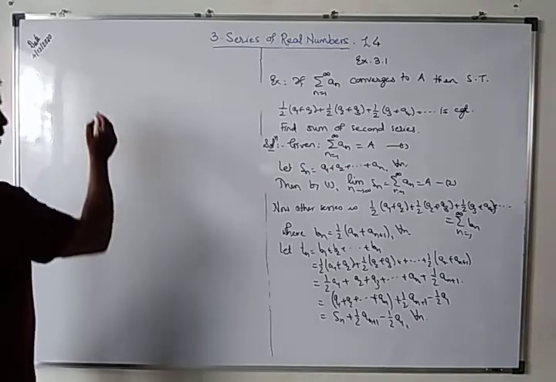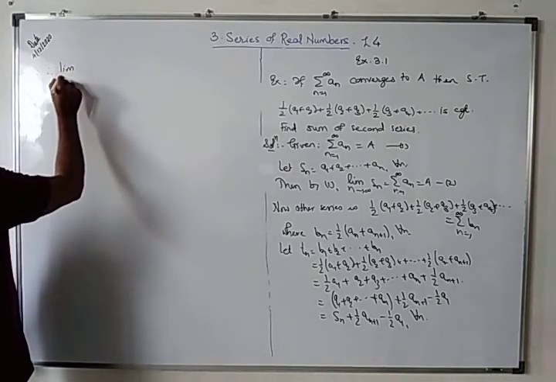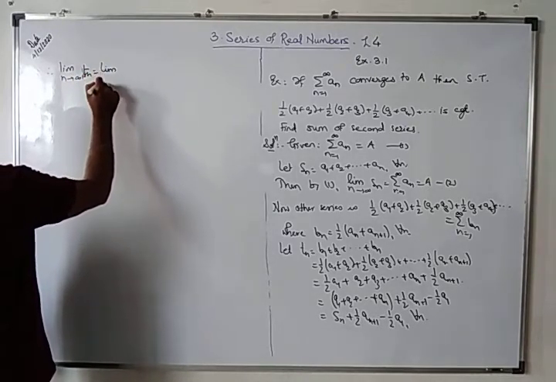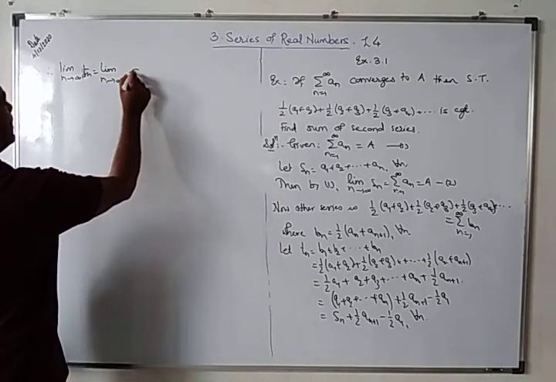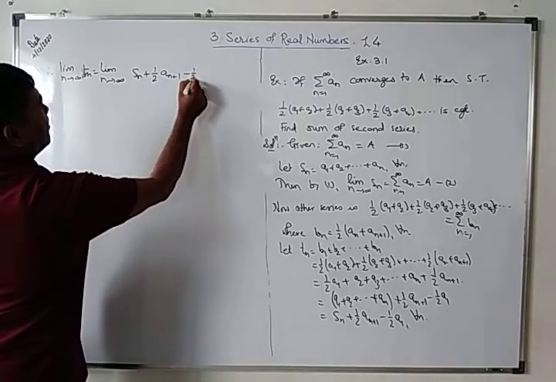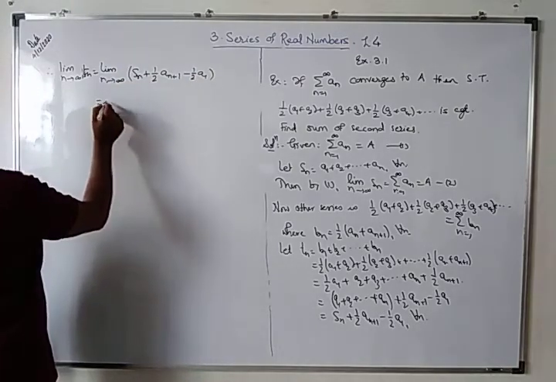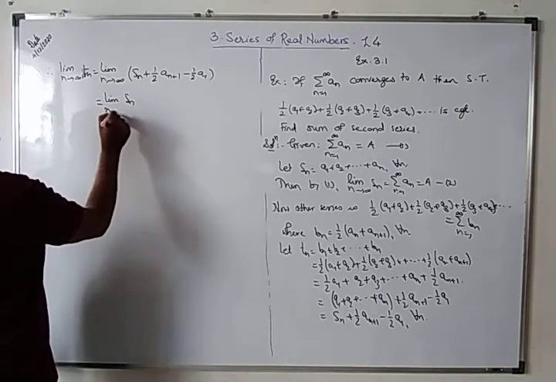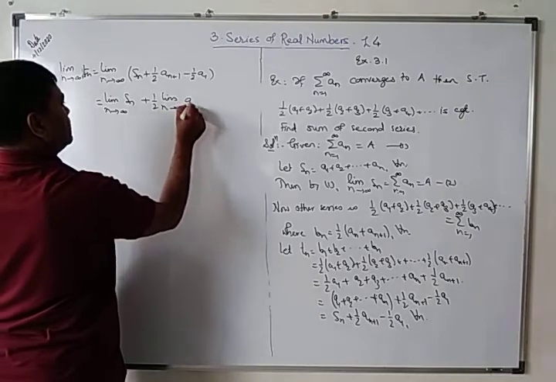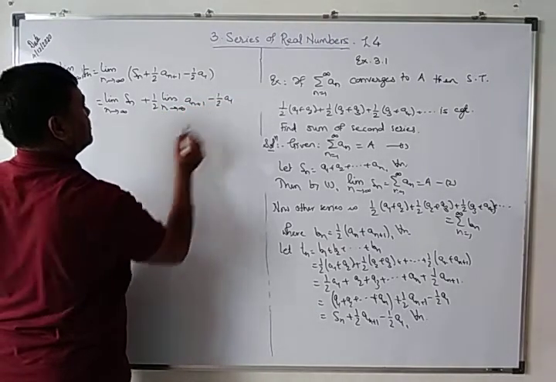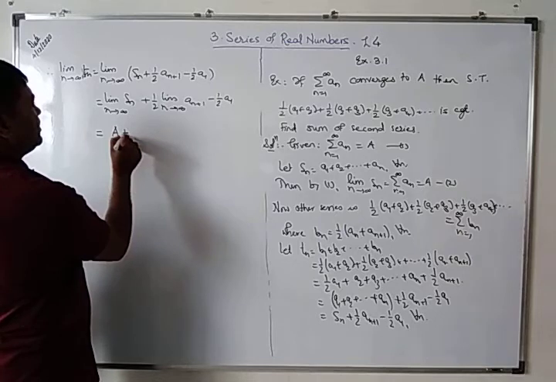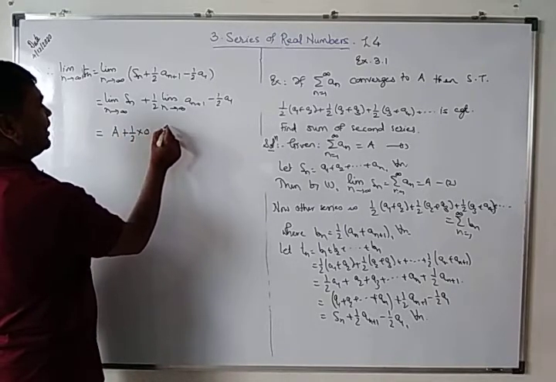Therefore, limit n tends to infinity of T_n is equal to limit n tends to infinity of S_n plus half times a_{n+1} minus half a1, which is equal to limit of S_n as n tends to infinity plus half times limit of a_{n+1} minus half a1, which is equal to a plus half times 0 minus half a1.